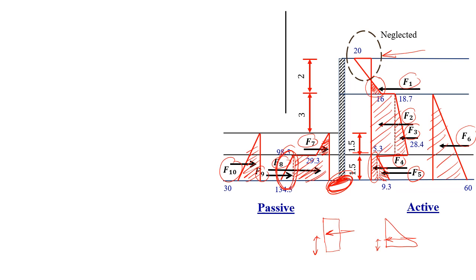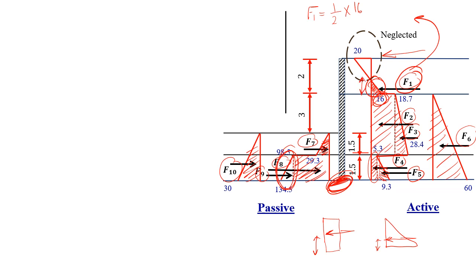Just we have a small problem we have to deal with right now: for the force F1, if you want to calculate F1, it's equal to the area of the triangle, which will be half by base by height. The base of this small triangle is 16. However, we don't know this height.